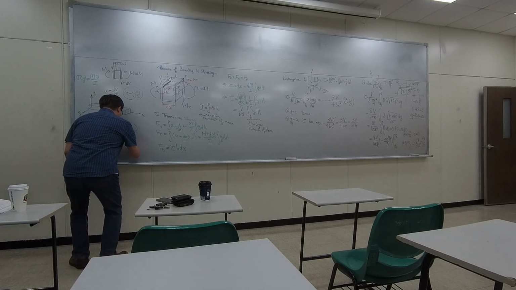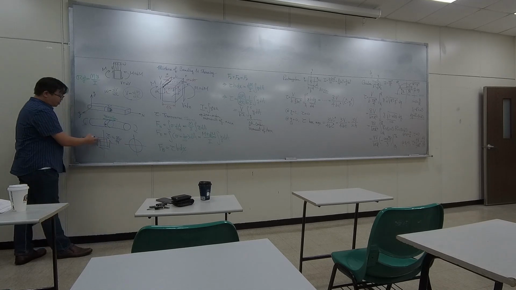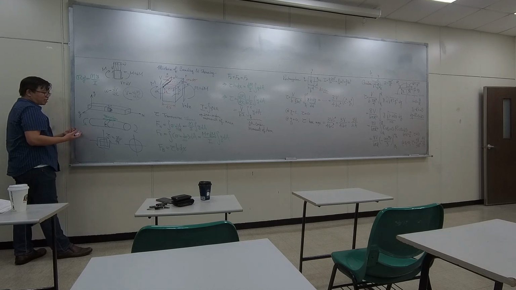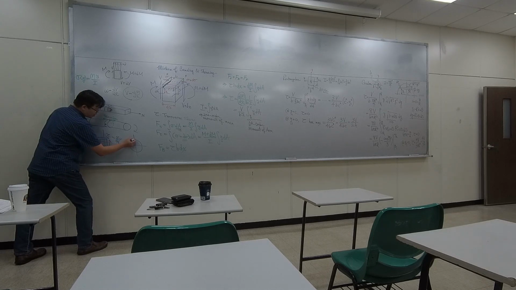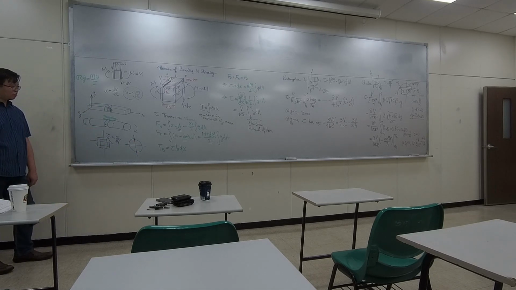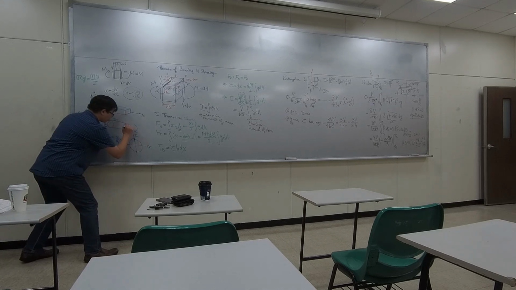And the Mohr's circle would be something like this, because at the neutral plane there's no normal stress anymore. So it's going to be a point here and another point here. One goes clockwise, the other one goes counterclockwise. So this is going to be your Mohr's circle.